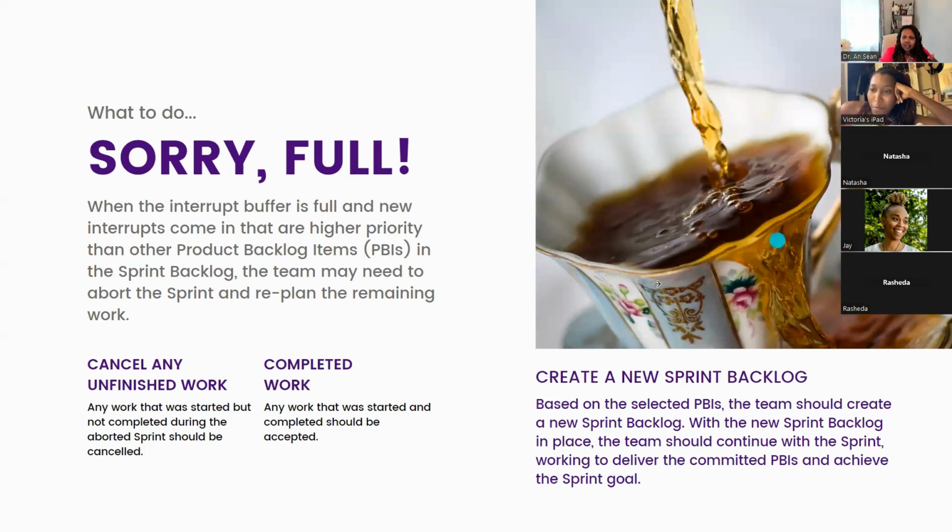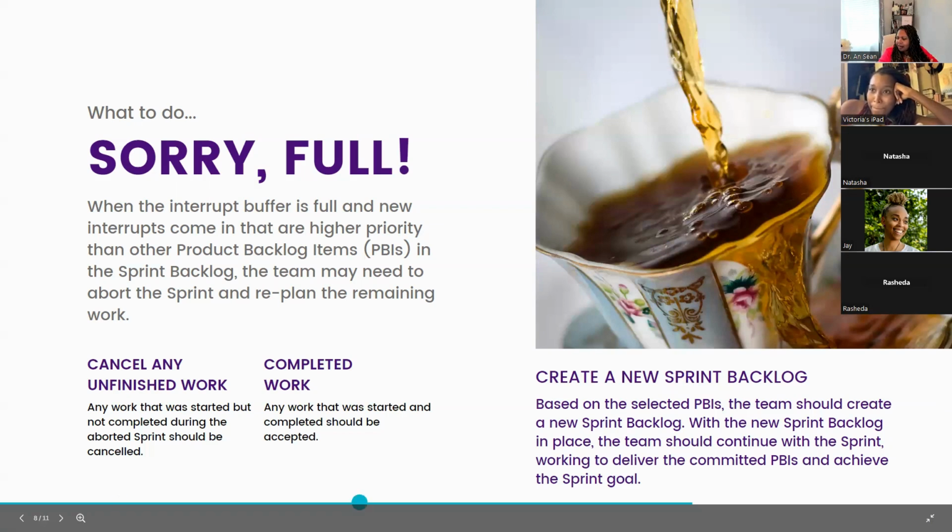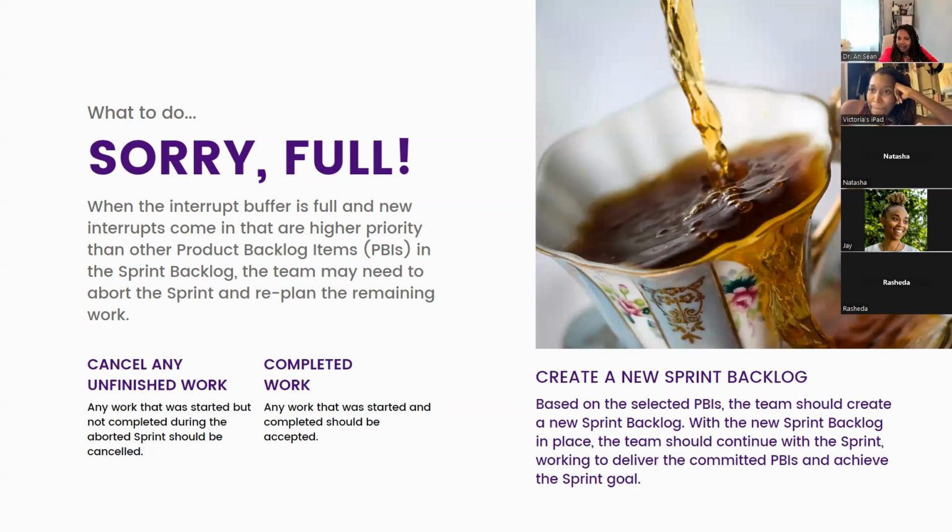Or the team may say, maybe we can get it in, right? Or we can abort. What does that mean? That means we cancel all the work in our sprint that has not been completed. Then we cancel all unfinished work, making room for the high priority item. And that means any work that was not started, that's not completed during that sprint, goes into the backlog.